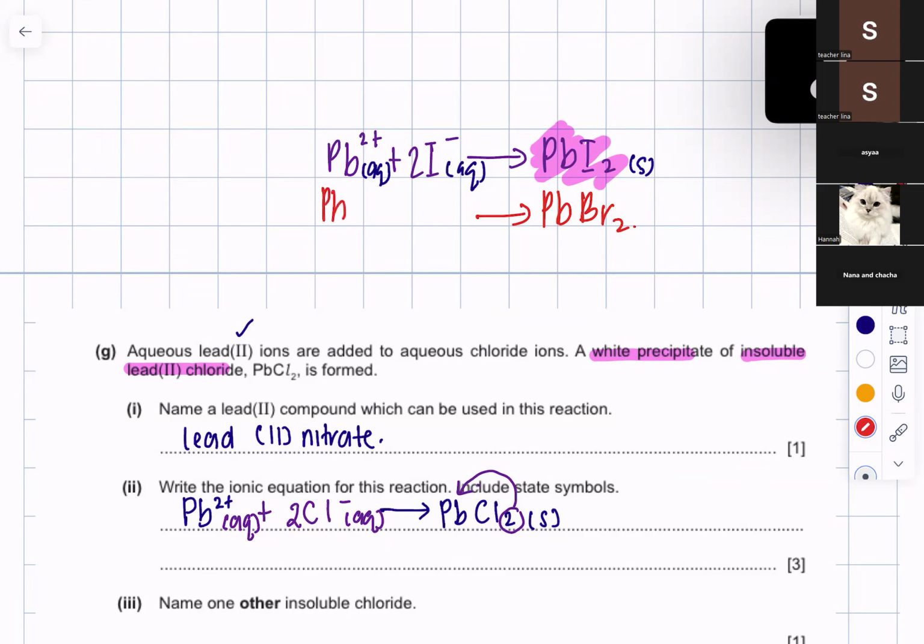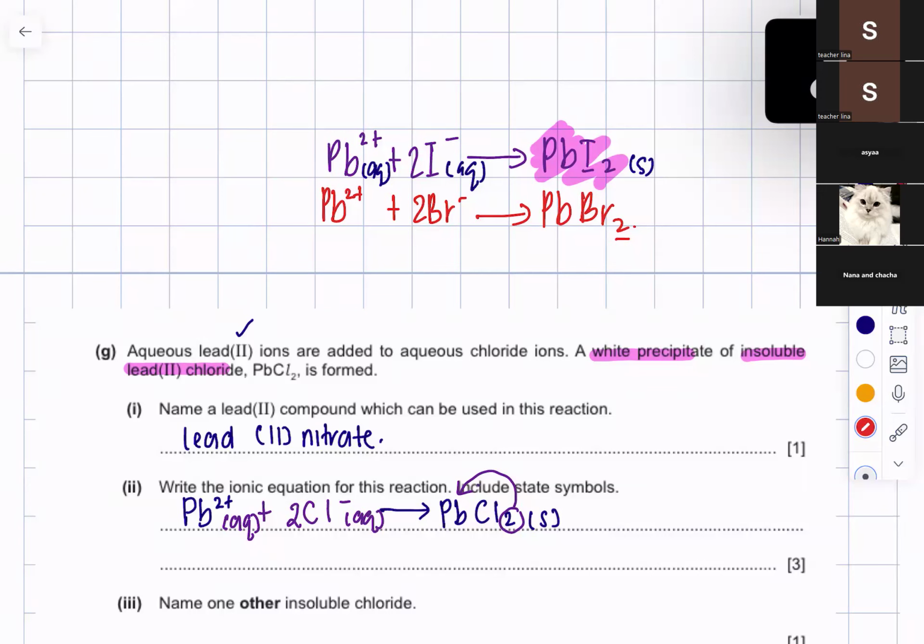Pb2+ plus Br minus. So balance. Two Br. So which one is aqueous?